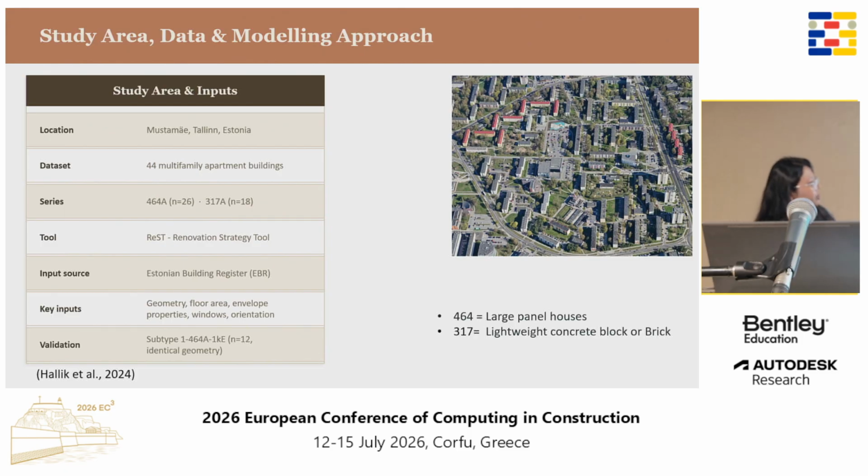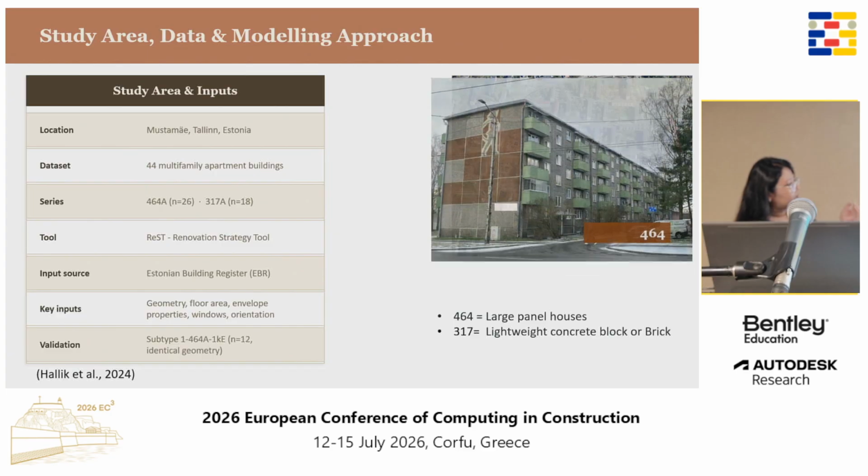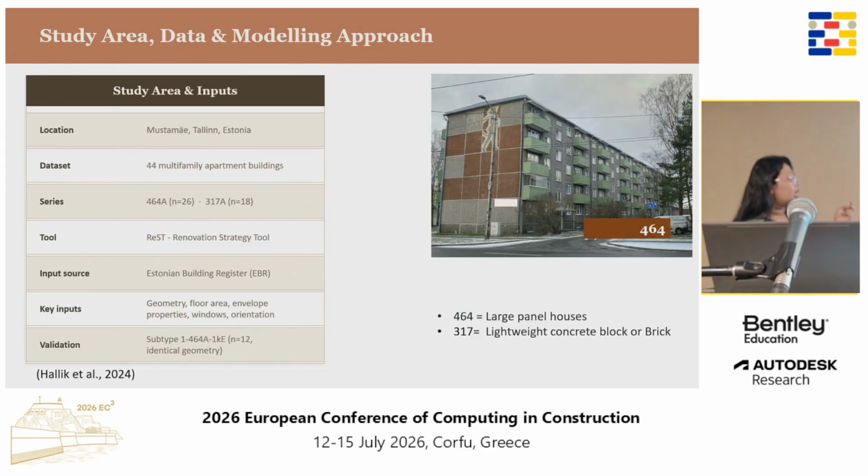For this study, we used a neighborhood in Estonia, in the Mustamäe district, and there we used 2 types of buildings. They are divided in series because the Soviet buildings have different series with similar designs.